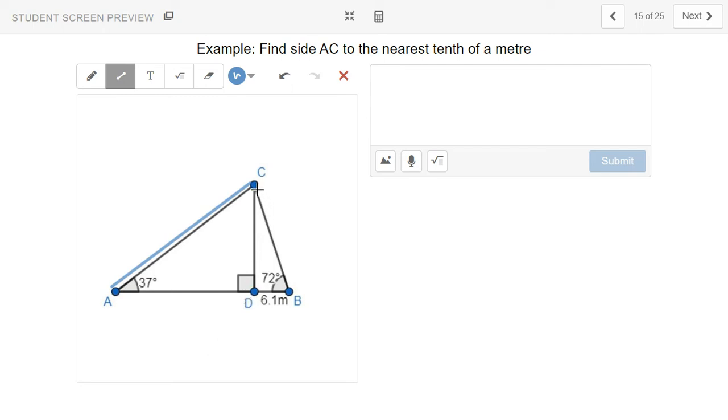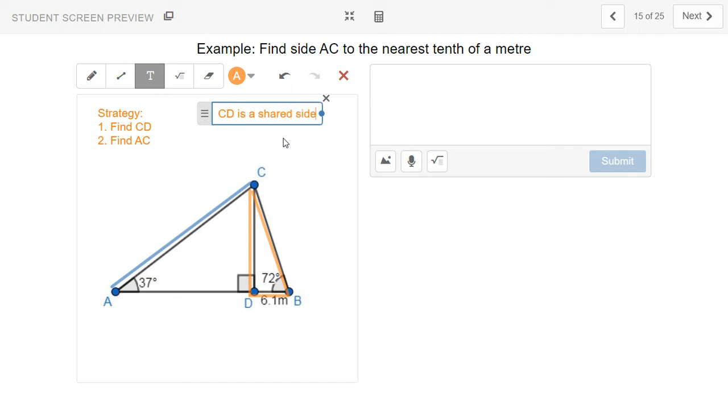So if I can find CD, then I'm able to find AC. Right, so let's write down our strategy. Find CD, then we're going to find AC. CD is a shared side, and so once we find that, we're going to be able to find our AC.